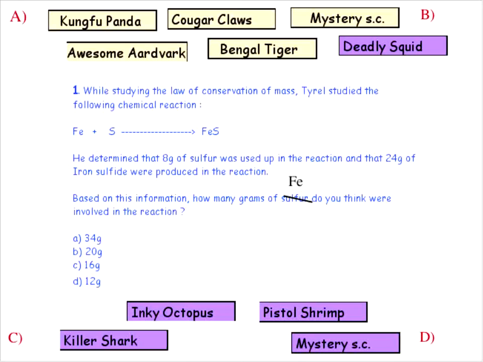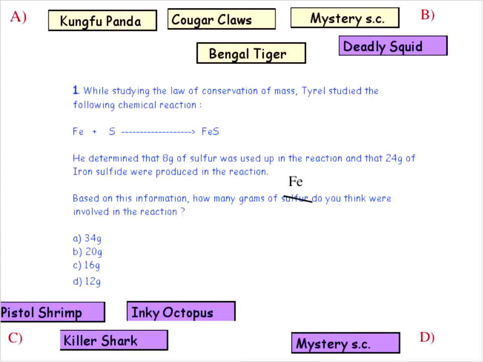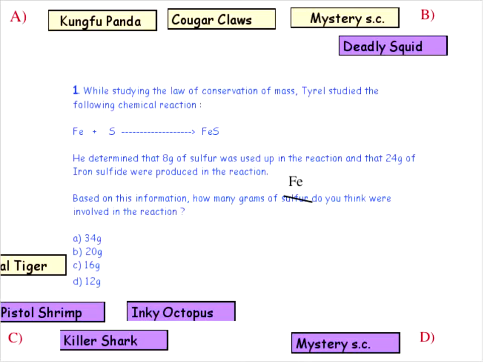Okay, so as soon as you guys are ready, you can move to the place on the screen where you think the answer is. And maybe put a check mark beside your name as soon as you've chosen your answer.